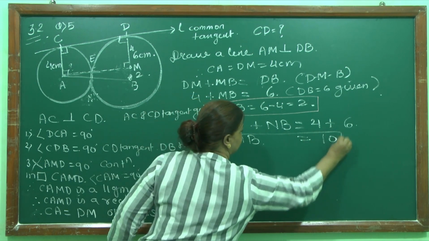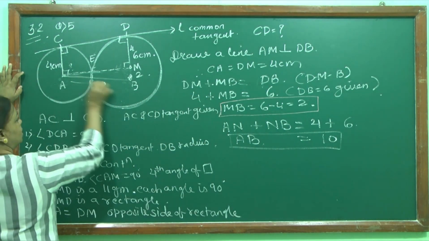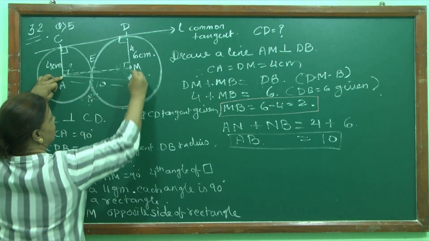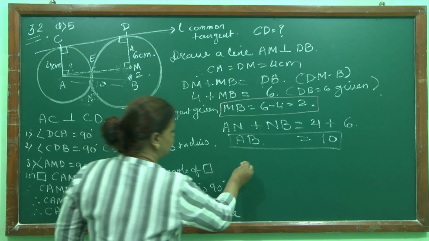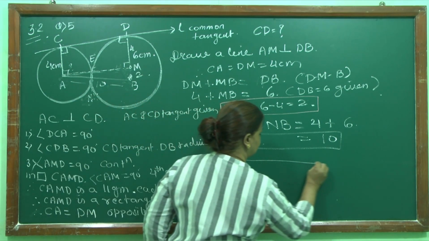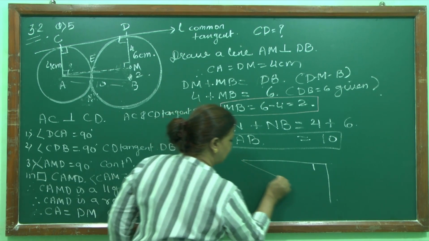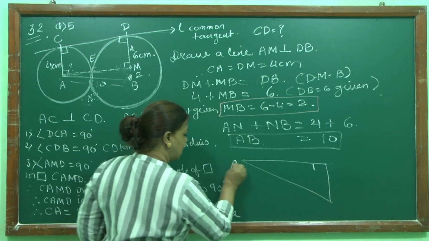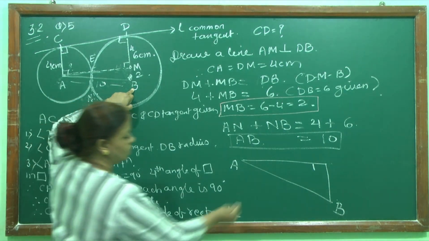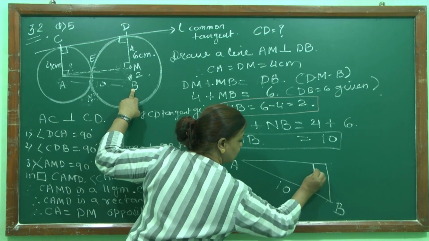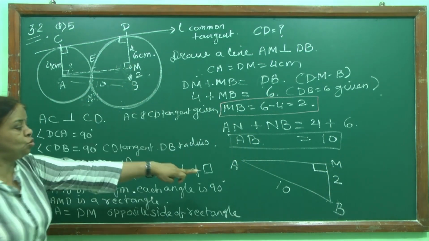We got AB as 10. Now this AB is 10, this is 2 and this is 90 degree. Let me draw this triangle here. This is 90 degree, and this is A and this is B. AB is 10 and this is M. MB is 2.